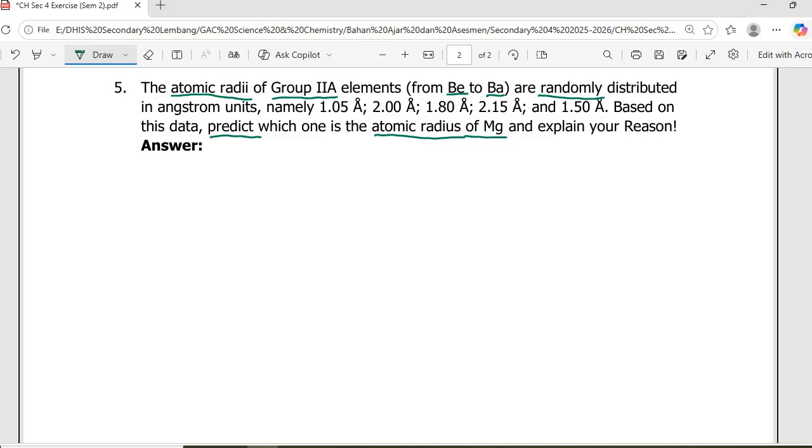We don't know the atomic radius of magnesium if we don't understand the trend of atomic radius based on the groups. In the previous question we talked about ionization energies, but right now we talk about atomic radius. So what is the trend of atomic radius based on groups?